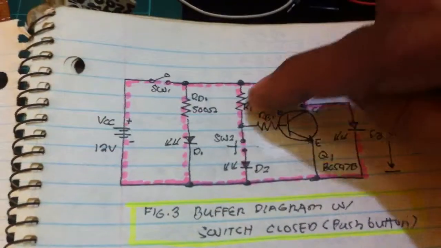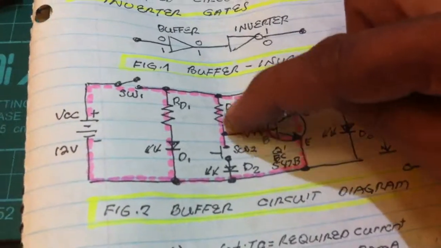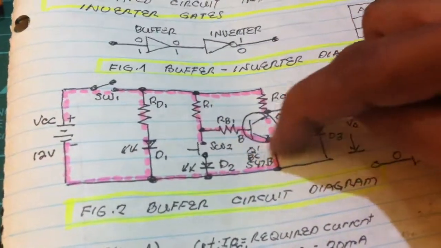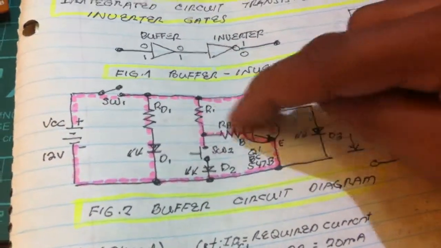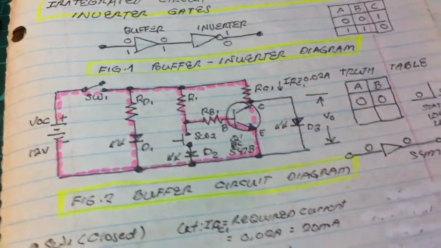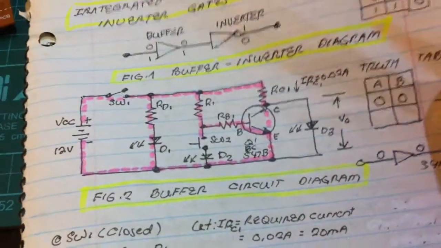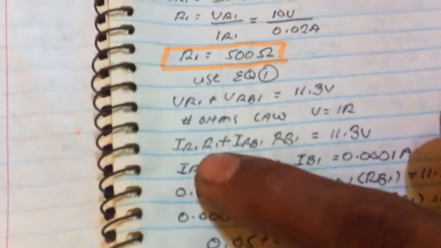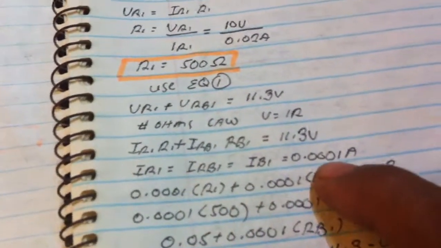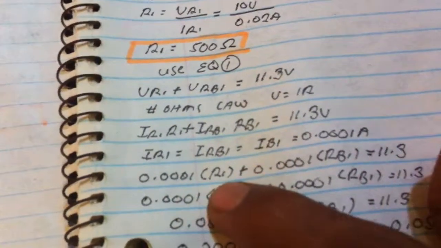Using that equation and Ohm's law in terms of IR, at this moment the current at R1 and RB1 is equal, making the transistor conduct in forward bias or in saturation mode. Forward bias of the transistor. Since the current there is in series, equal, by substitution, R1, IRB1 is 0.001.